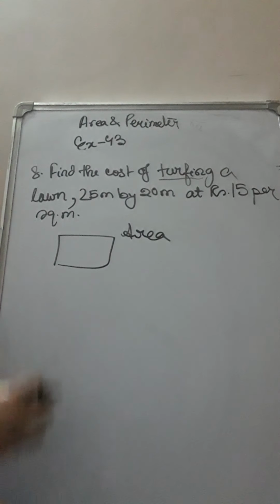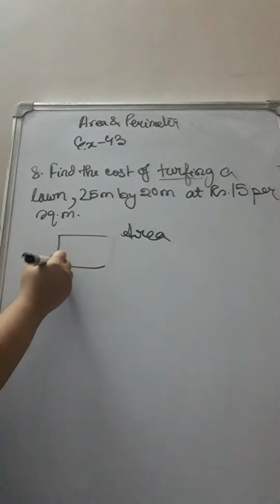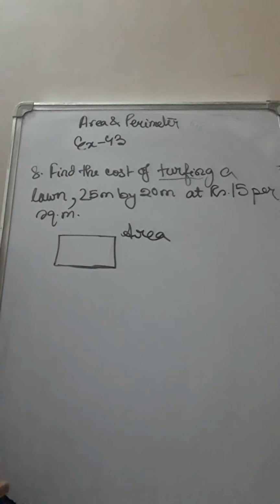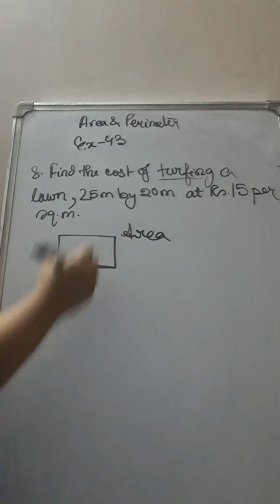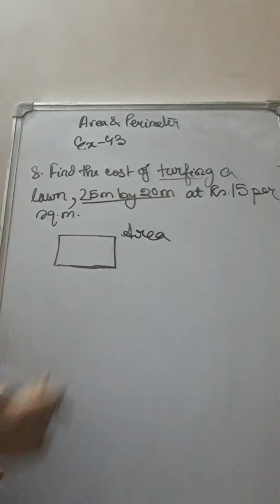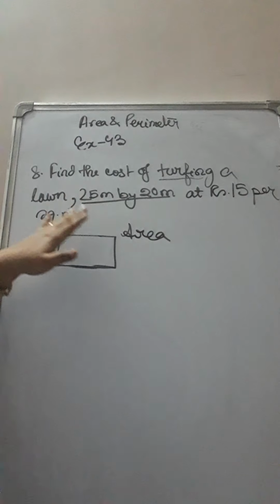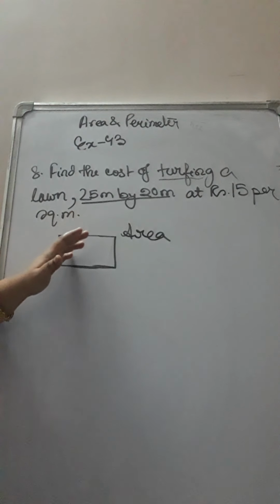Number 2, what is the shape of the lawn, whether it is square or rectangular? Now the shape is rectangular. How did I understand? Now see the measurement given, 25 meter by 20 meters. In case of a square, since all the sides are the same, only a single measurement holds true, because if the side is given, we can understand it's a square. But here it is not told which is the length and which is the breadth.